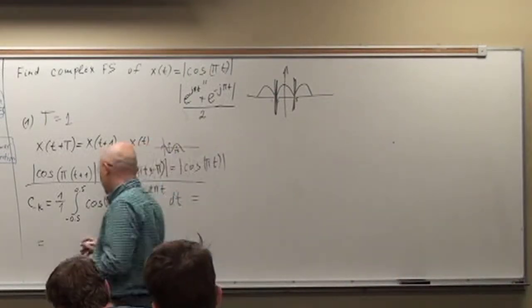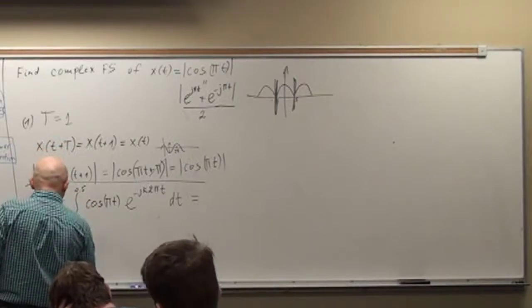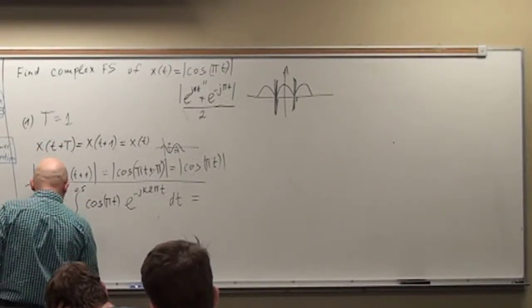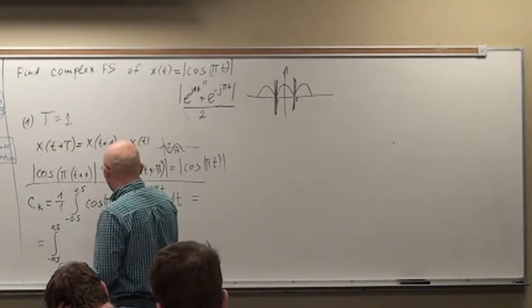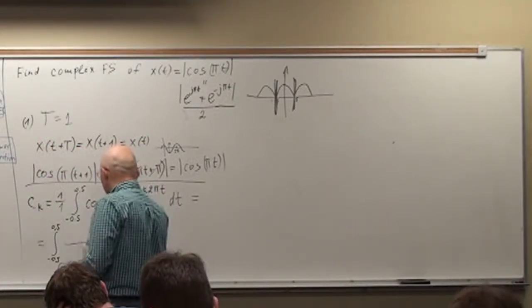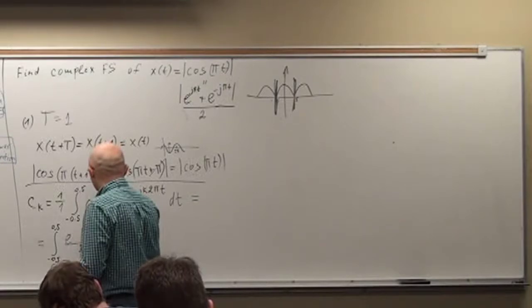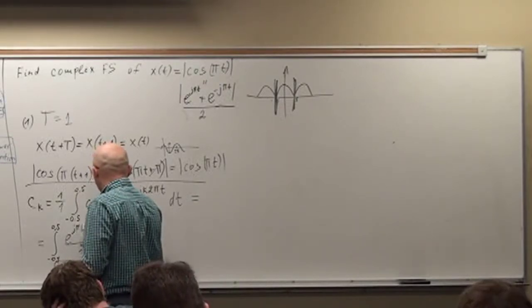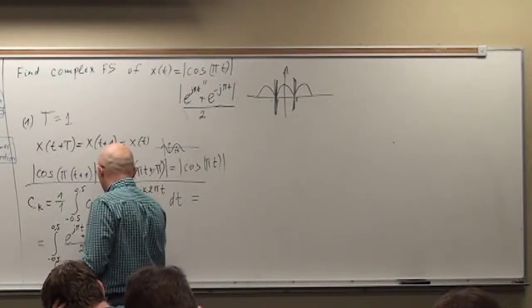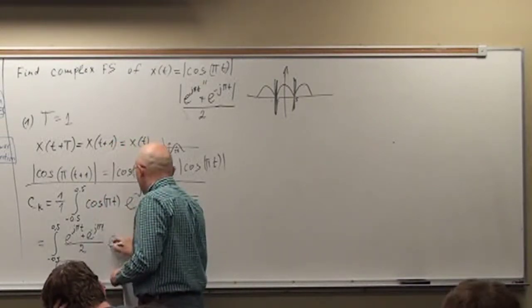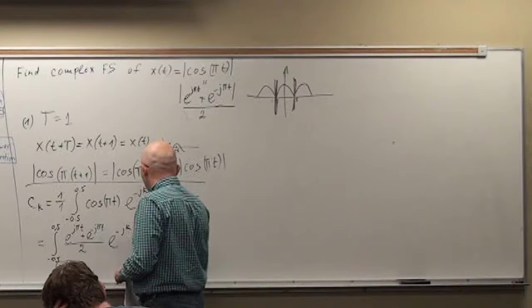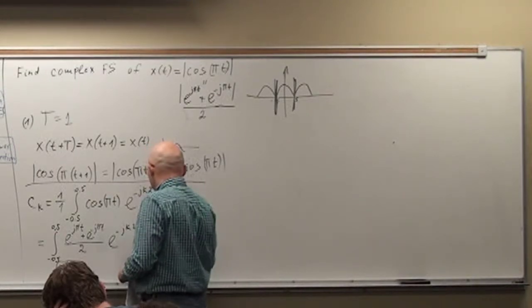So let's write the cosine in exponential form. Again, integral from minus 0.5 to 0.5. Instead of cosine, we're writing exponent of j pi t plus exponent minus j pi t, times exponent minus j k 2 pi t, dt.